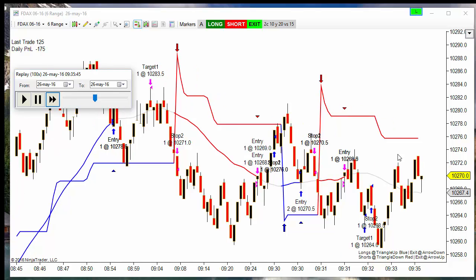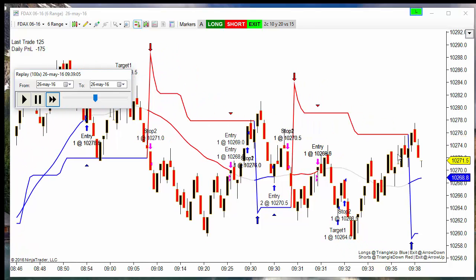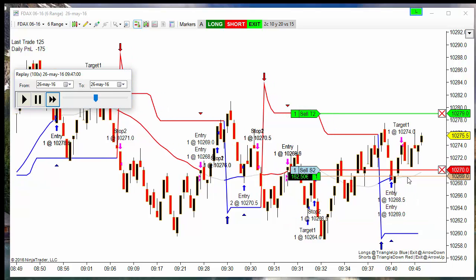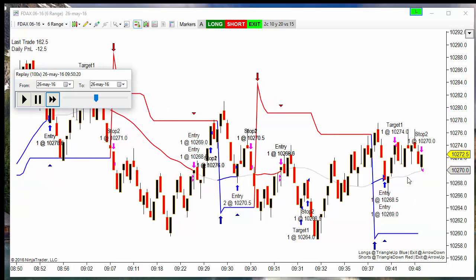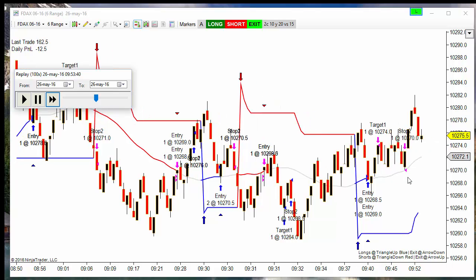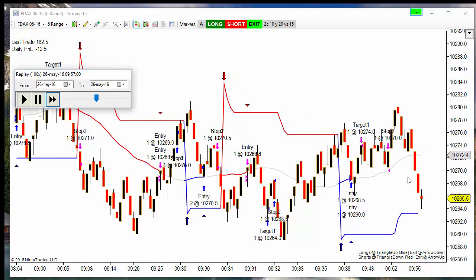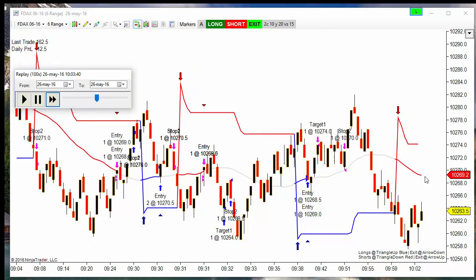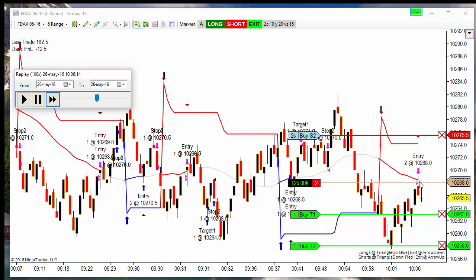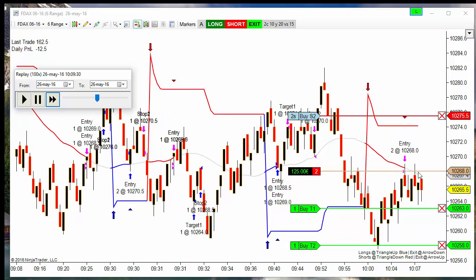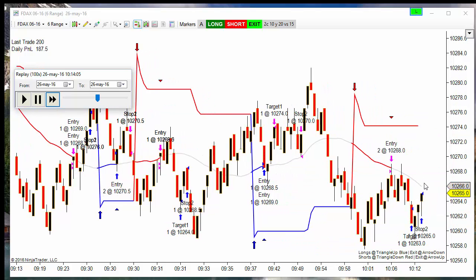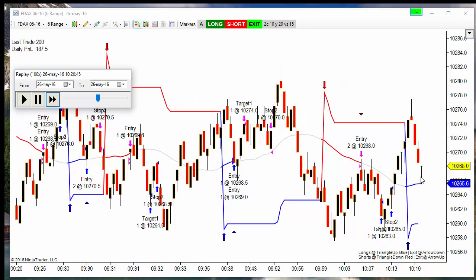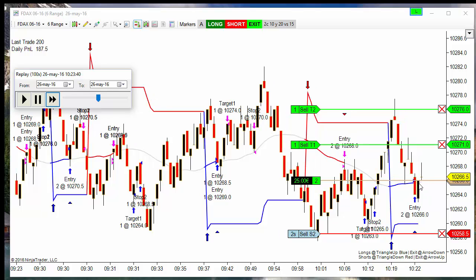We have several pullback entries. Order filled, target filled. And just now we are entering in the consolidation mode. Order filled. We had only one long winner, now a short winner. Order filled.